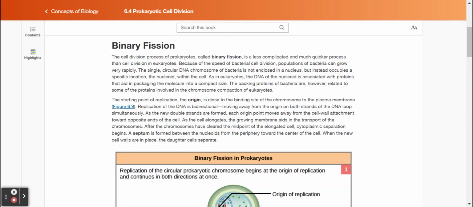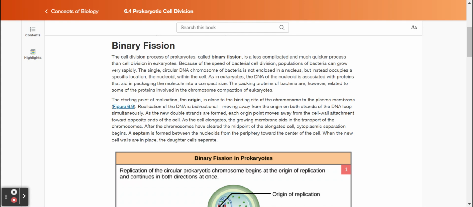Binary fission. The cell division process of prokaryotes, called binary fission, is a less complicated and much quicker process than cell division in eukaryotes. Because of the speed of bacterial cell division, populations of bacteria can grow very rapidly.